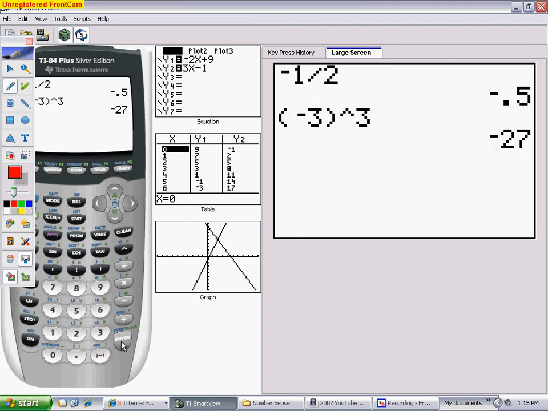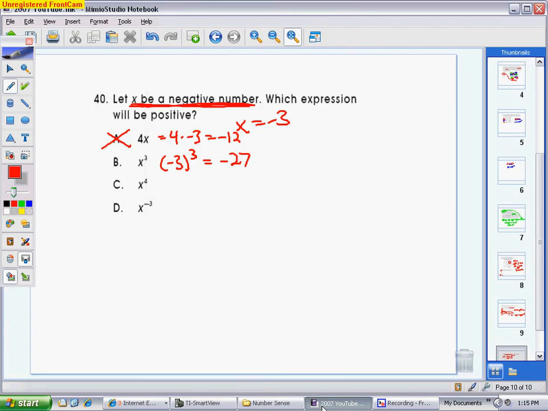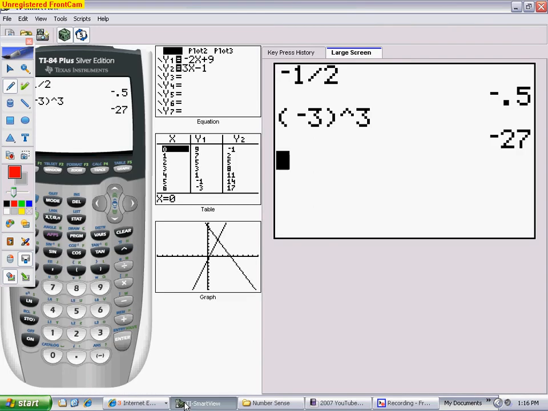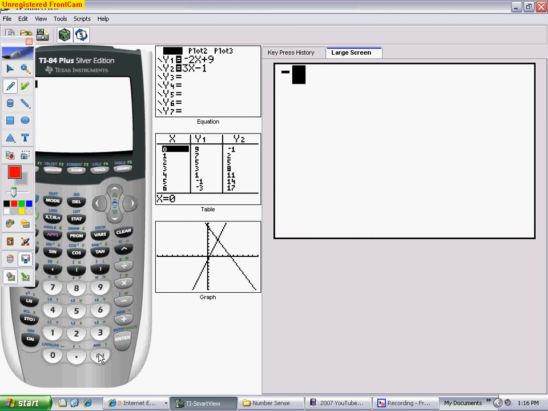So we get negative 27 there. Here we're doing negative 3 to the fourth power. And watch this. When we type that in, once again, you have to put your negative numbers in parentheses. Negative 3 to the fourth power. That's positive 81.